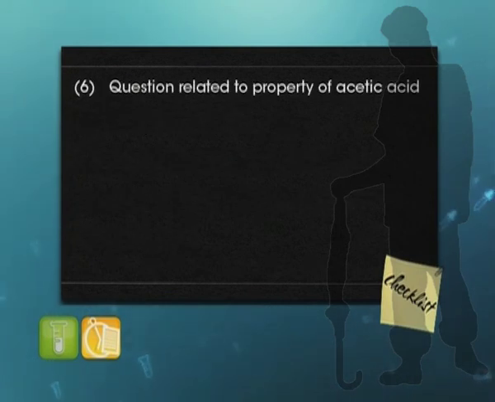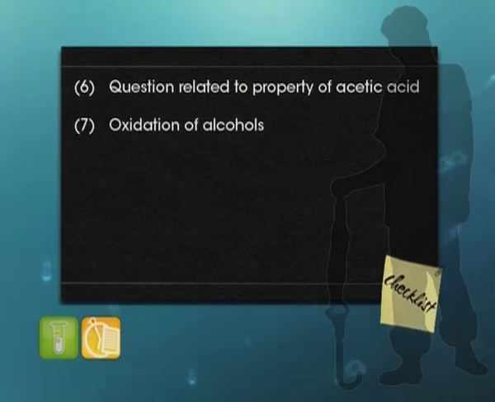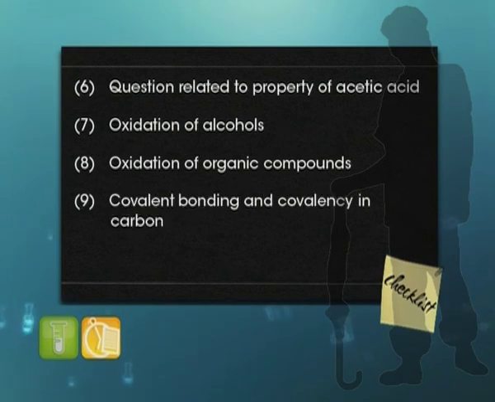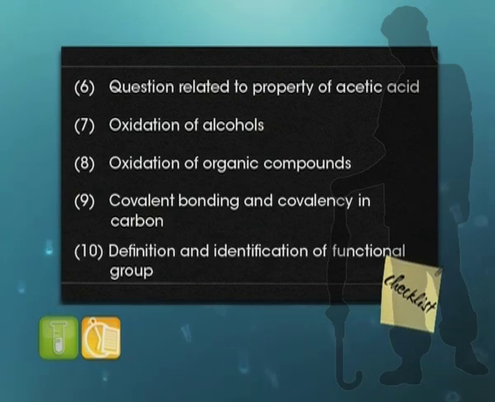Question related to property of acetic acid. Oxidation of alcohols. Oxidation of organic compounds. Covalent bonding and covalency in carbons. Definition and identification of the functional group. Keep in mind the exam checklist and prepare accordingly.